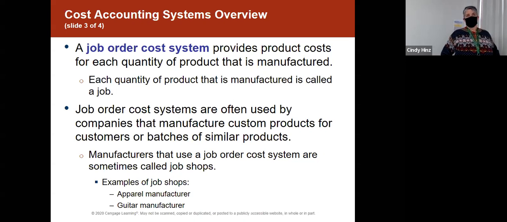So let me give you an example. If you are a contractor building houses, even if you have just a few different floor plans or models that you build, it's still important to know the costs that go to each individual house, because probably each house has some custom options. Maybe you get the third bay in the garage.